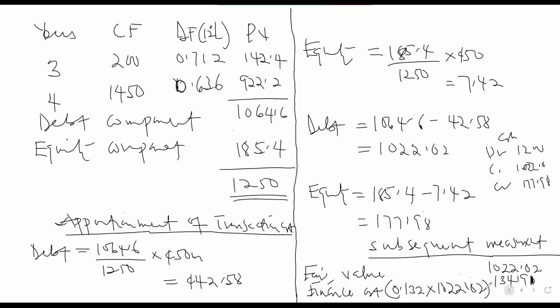What is the balance at end? You can easily get this balance at end by having 1.132 multiplied by the first value, 1.132 times 1022.02. I'm getting 1156.93. Okay.